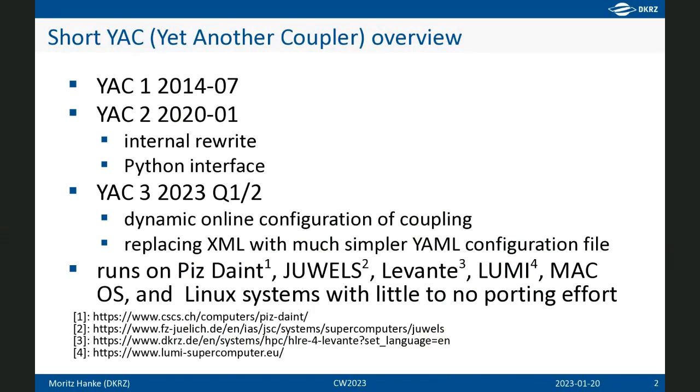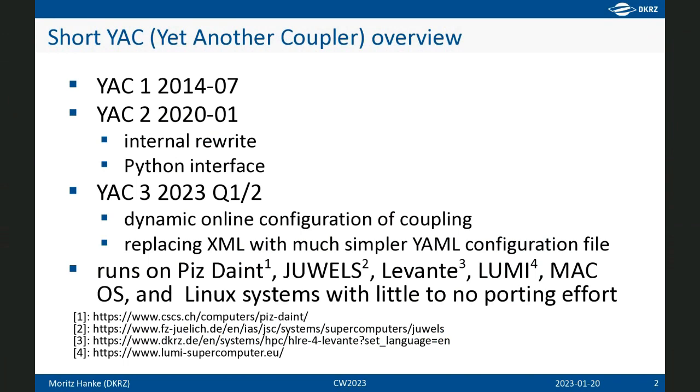And that's when, in 2014, we finished the first working version of YAC1. It included parallel online weight generation and could do everything that was needed for the ICON-ESM system model, but it is independently developed of ICON, so it is a general coupler.